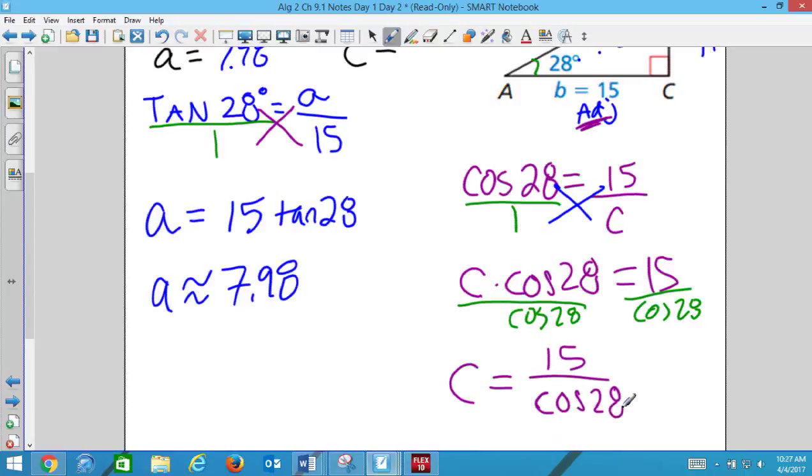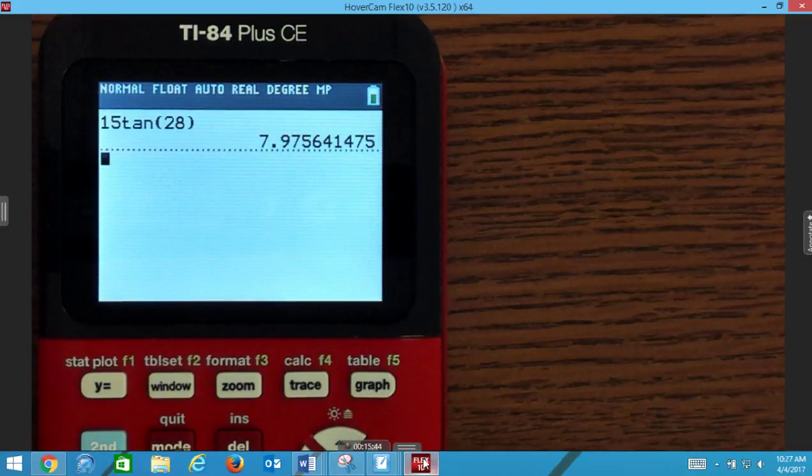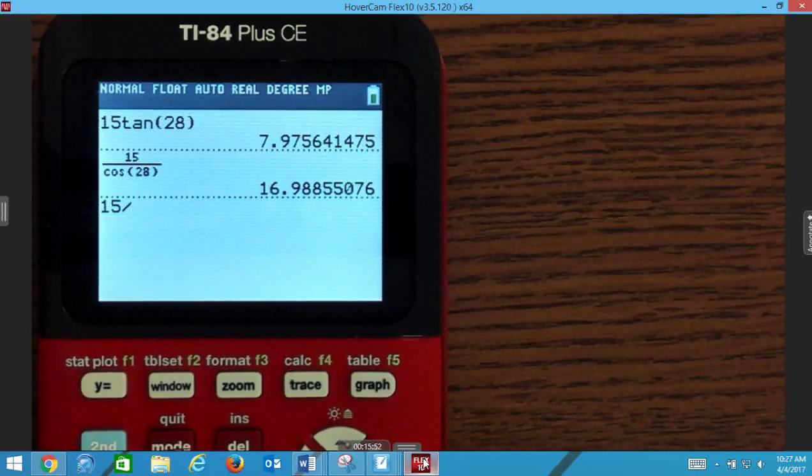A teeny bit less than 17. Two decimal places again. Yep. When it's the side length, they're going to have you do 2 decimal places.